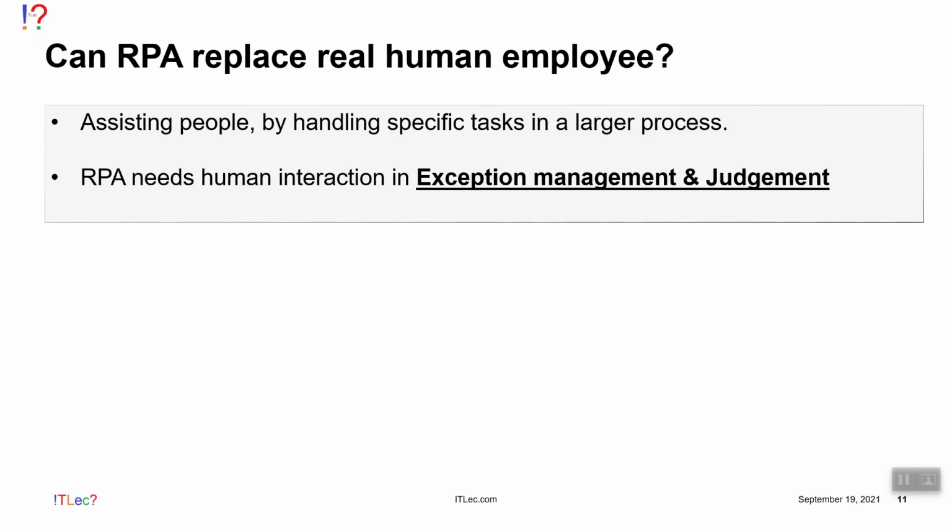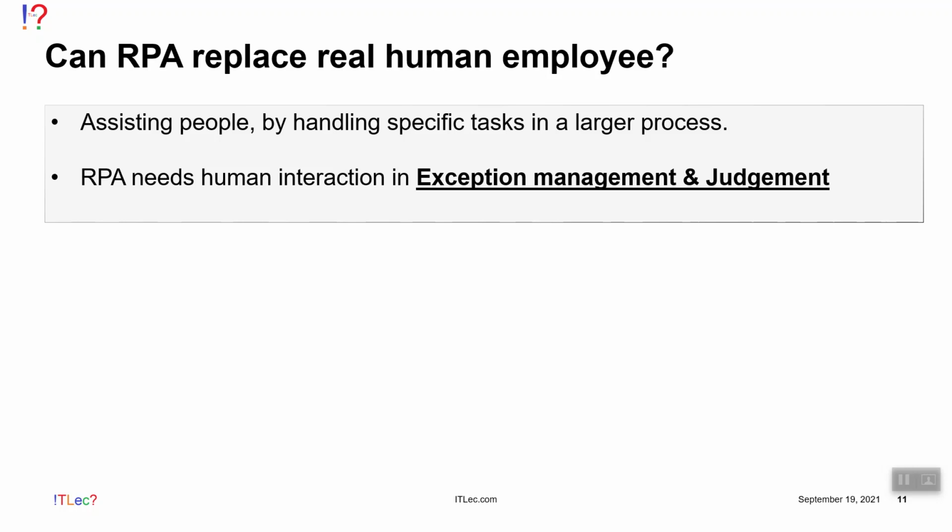And as all of us know, those types of questions have been raised several times before. When Excel became available, all of us asked the same question: will Excel replace accountants? And nothing happened. After that, macros became available on top of Excel, and we asked the same question again, and nothing happened.